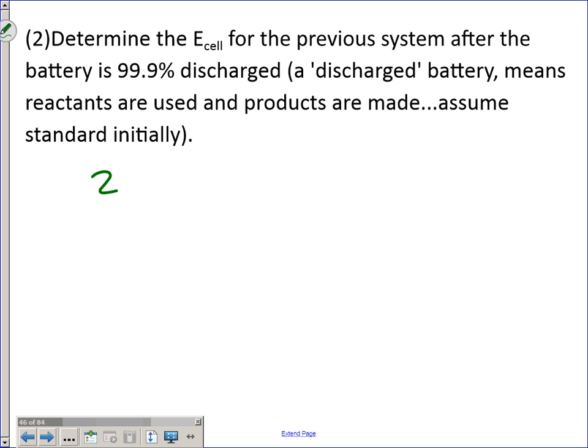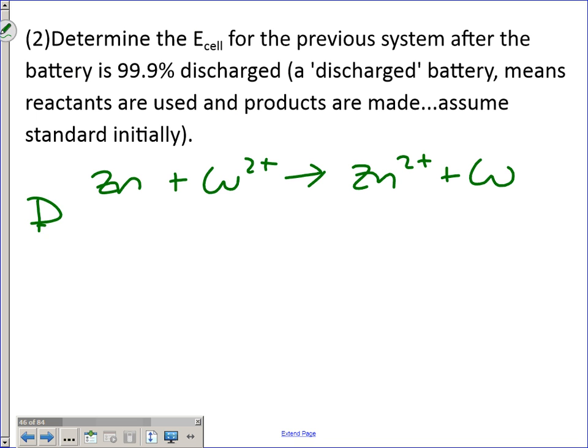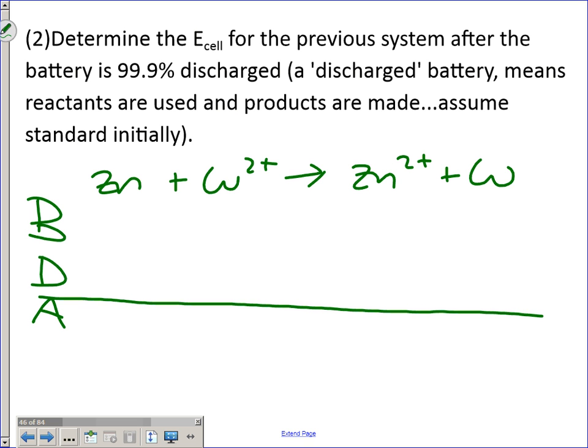What was it, zinc? So under this condition, how much is 99.9% discharge? What does that mean? 0.999.